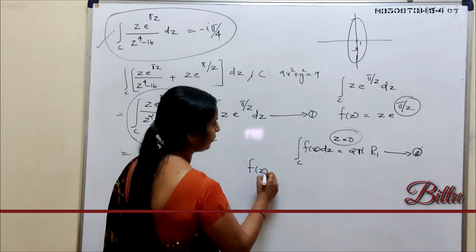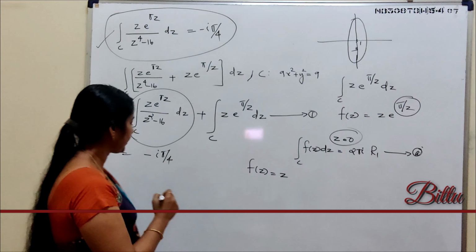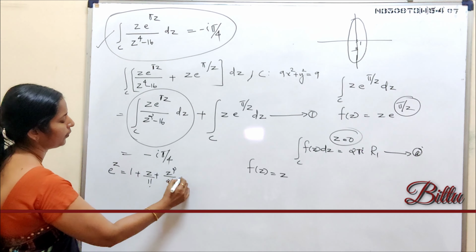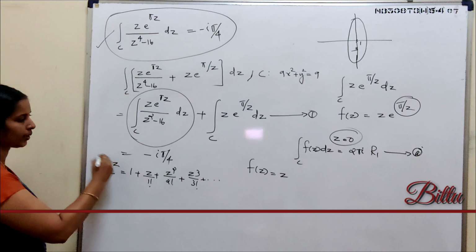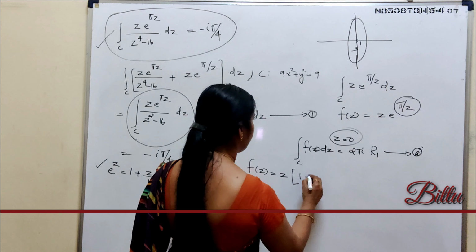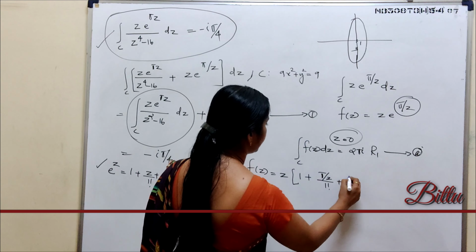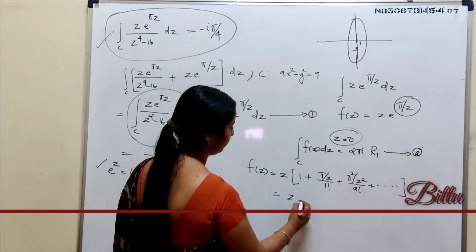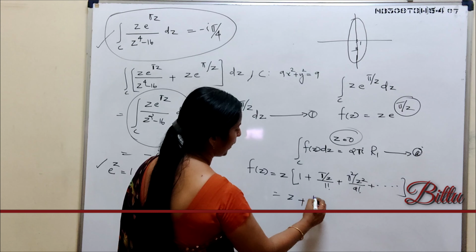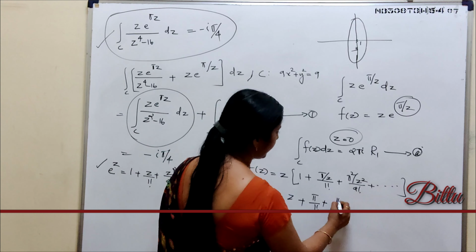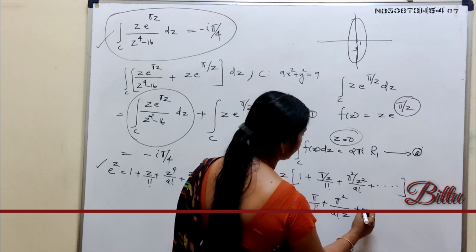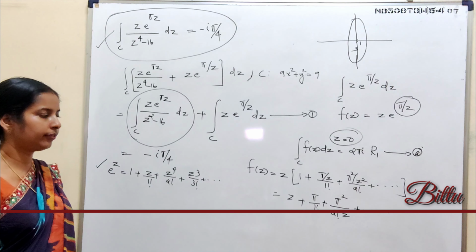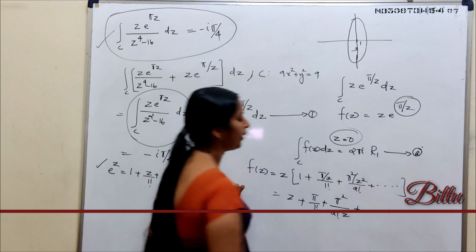F(z) can be written as z into the expansion of e raised to pi by z. We know e raised to z is 1 plus z by 1 factorial plus z square by 2 factorial plus z cube by 3 factorial plus etc. By using this expansion, e raised to pi by z is 1 plus pi by z into 1 factorial plus pi square by z square into 2 factorial plus etc. It is z plus pi by 1 factorial plus pi square by 2 factorial into 1 by z plus etc. This plus etc. contains negative powers of z which are greater than 2.